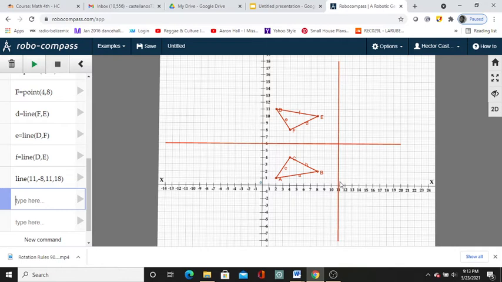Since it's being reflected under the line equals 11, I'm going to say 11 times 2, which gives me 22. Subtract the x value, which is 2, giving us 20. So that will be approximately somewhere around here. So the y value will not be touched, only the x value will be touched. So that is going to be G.